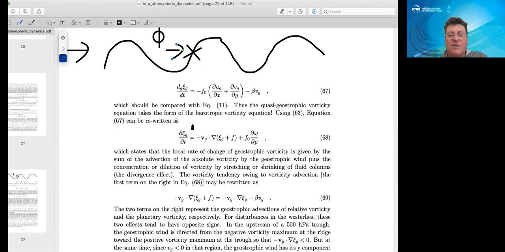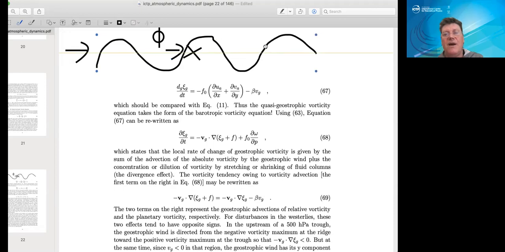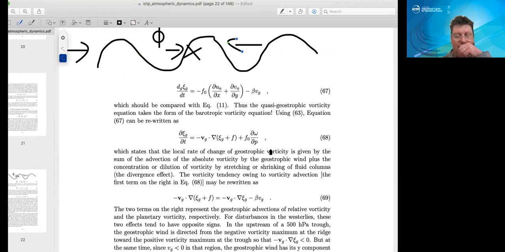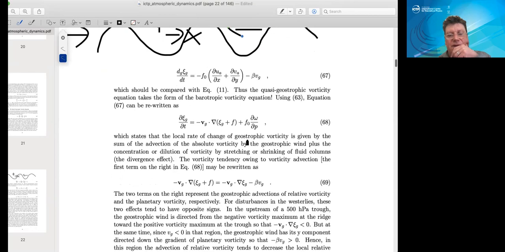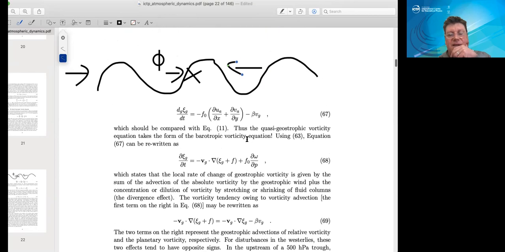Whereas for very long waves, this term becomes small, because the Laplacian of the geopotential becomes small. Then the second term becomes dominant. And so very long waves tend to move in the opposite direction, in the westerly direction. And so it's the stationary waves that have this special property where the two things just compensate each other.